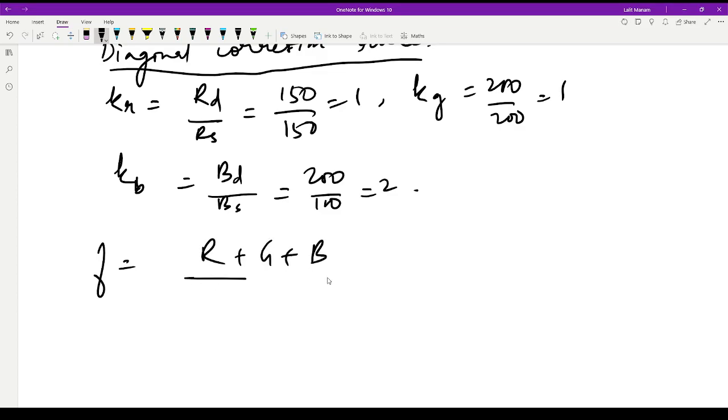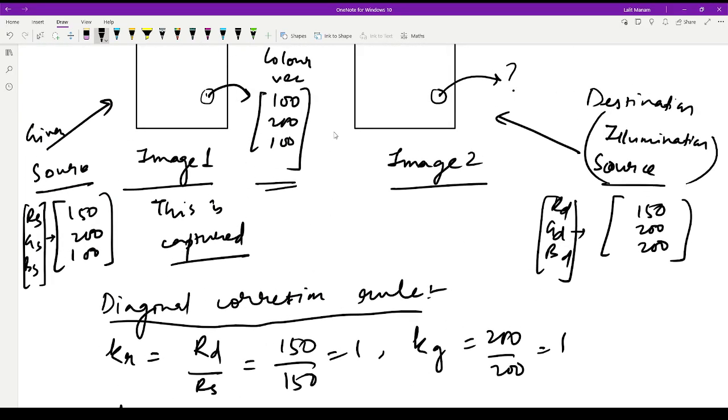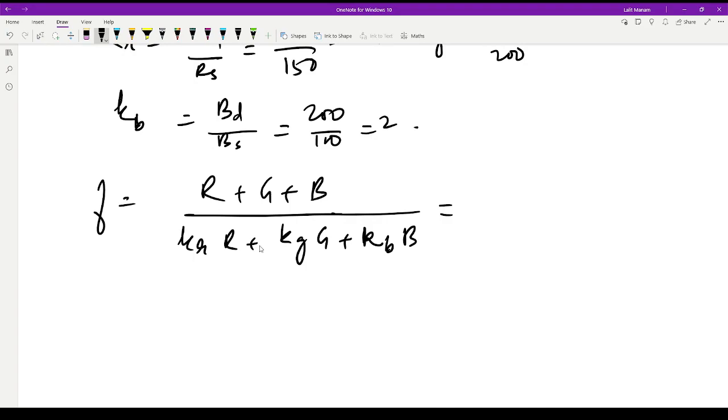We get some factor F, with KR times R, KG times G, KB times B. So here this RGB corresponds to the color vector R, G, and B. So given a color vector RGB, we want to transform it.